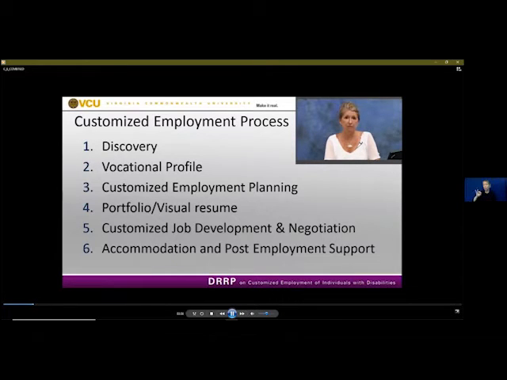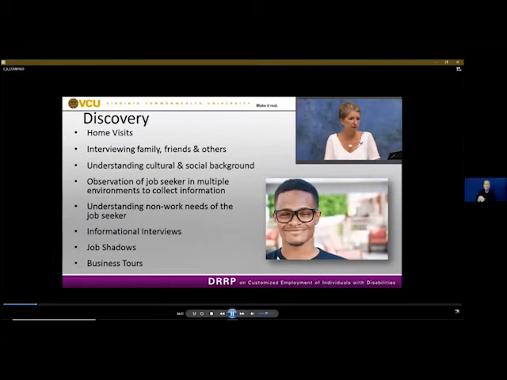Then we look at customized employment planning and meetings around that, followed up by the development of a portfolio or a visual resume. Then the customized job development and negotiation, and then of course accommodation and post-employment support. As you can see, these are not traditional terms that we use in the employment process. So let's look at each step.